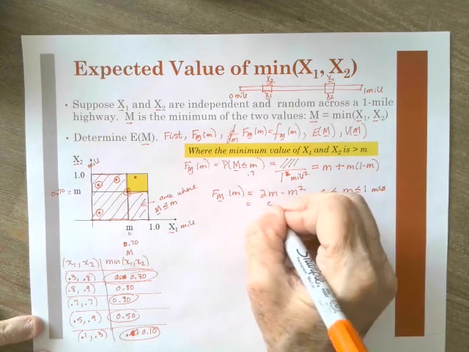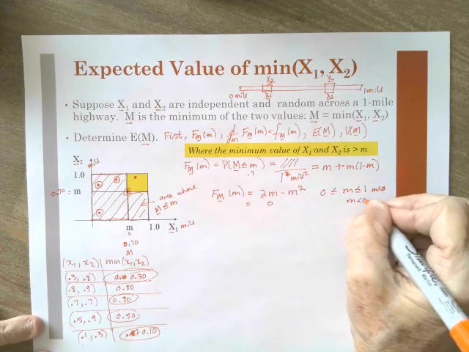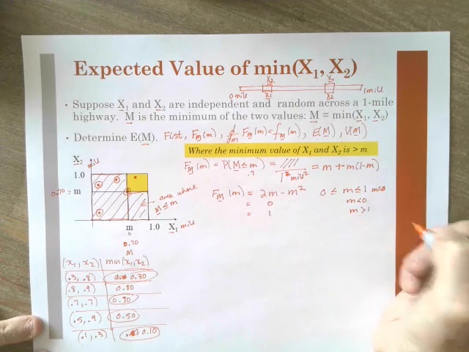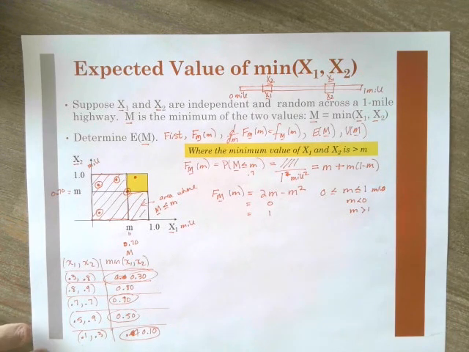And again, it'll be 0 whenever m is less than 0, and it'll be 1 whenever m is bigger than 1. But we could also have gotten it this way.